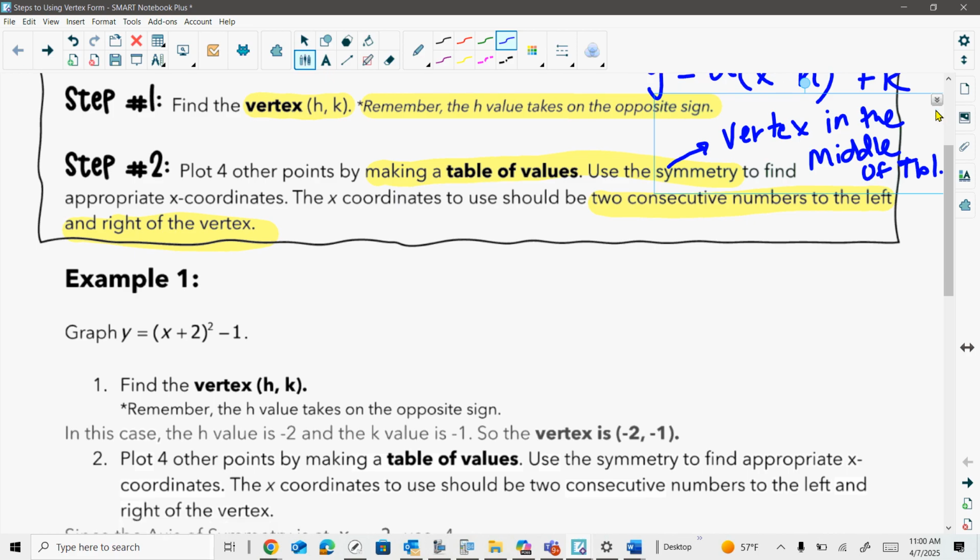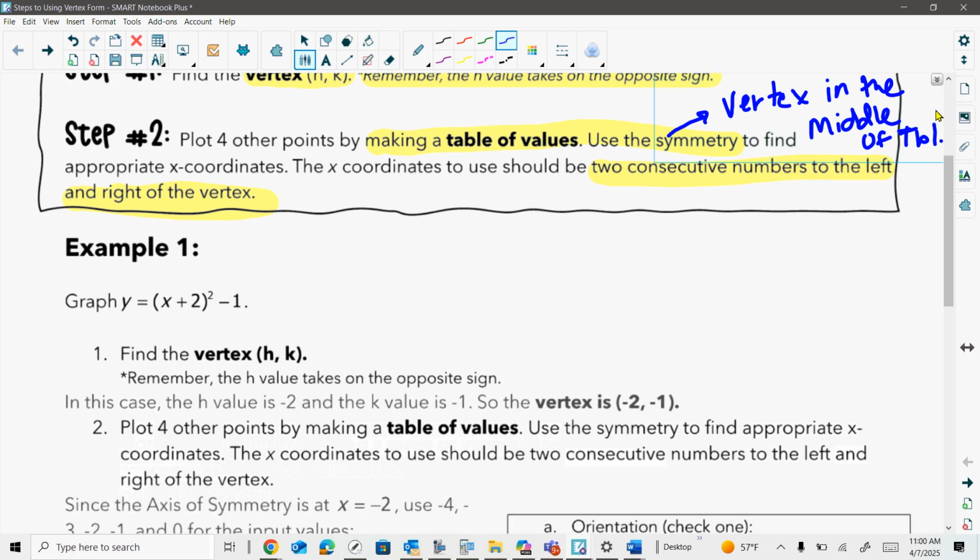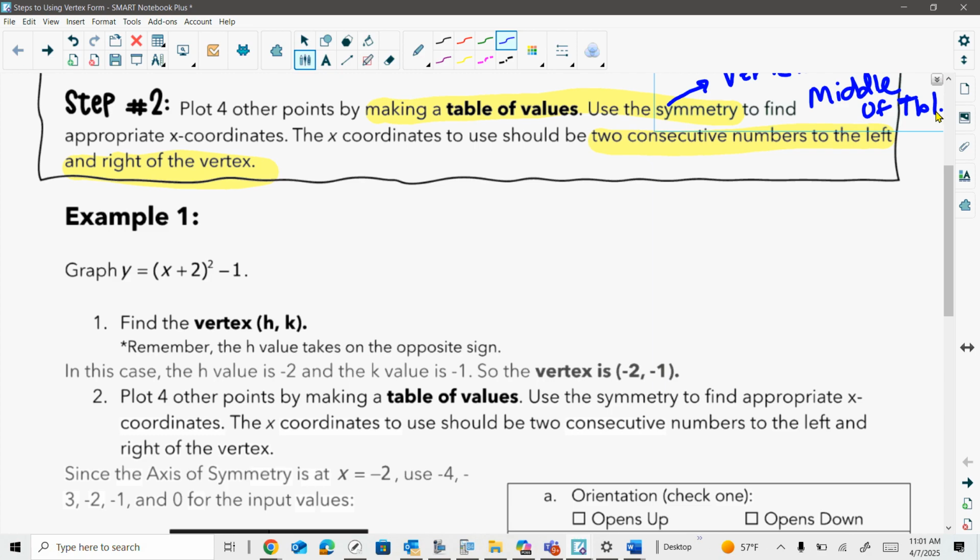The first thing I want to just show you is that if I write my vertex form, a parentheses x minus h, that's minus h, close the parentheses squared, plus k. I'm doing that so you can line up your h's and your k, because that's what we need for the vertex.